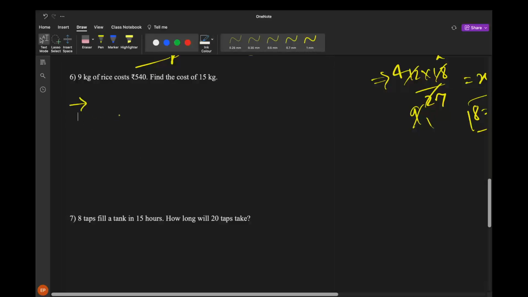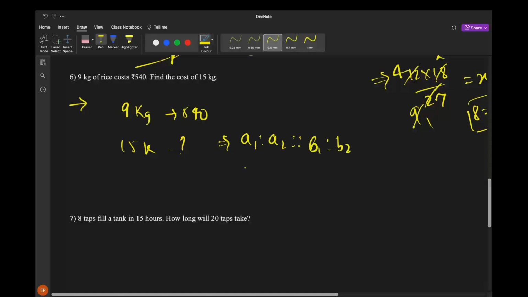Is it direct or inverse? Yes, it is direct. Basically, 9 kg rice is 540 rupees. 15 kg rice, how much, right? We'll write A1 is to A2 proportion to B1 is to B2. A1 is 9 kg, then it is 15 kg. For 9 kg it is 540.